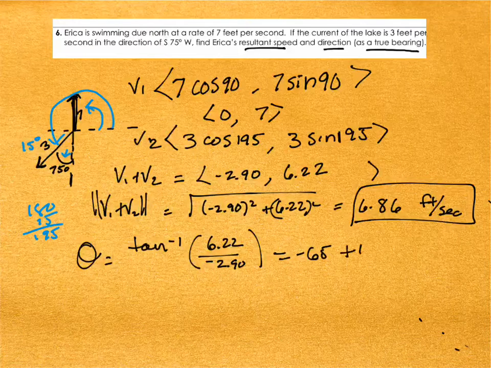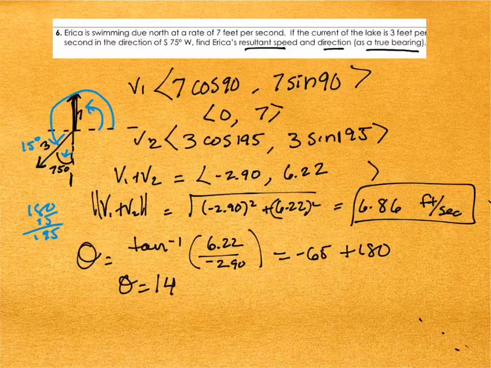And then I'm going to add 180 degrees, and I get 114. Hang on, did I do something wrong? No, the theta is in our trig 114.9. Oh, that would just be 115 if I'm rounding.